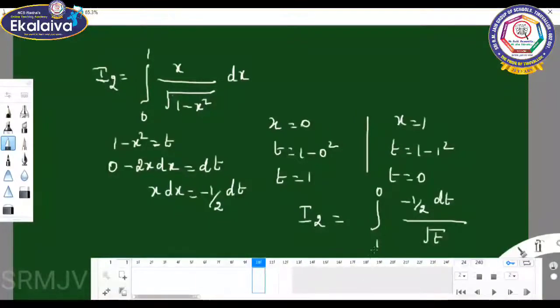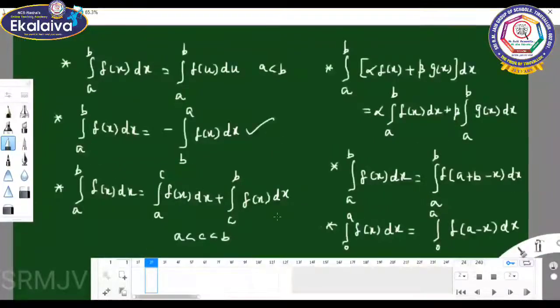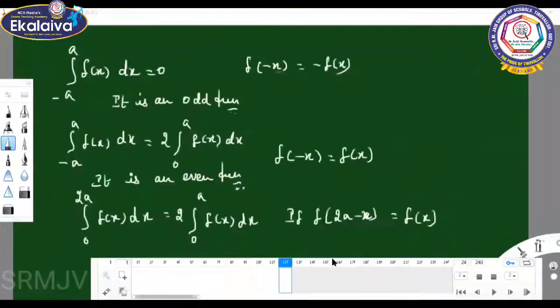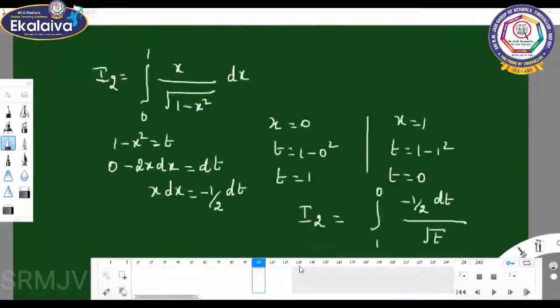Always you can see that the lower limit is the least number compared to the upper limit, or otherwise you can leave the sum as it is, no problem. You can use this property and change the limit here.